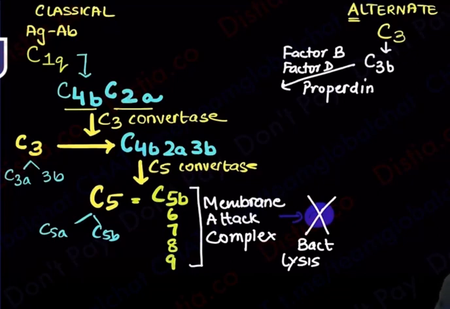And you know what happens? Especially factor B, it also starts breaking like these numbers into BA and BB. So you know all the B's come together. The 3B from here and BB from here, they come together and they make a complex called 3BBB.